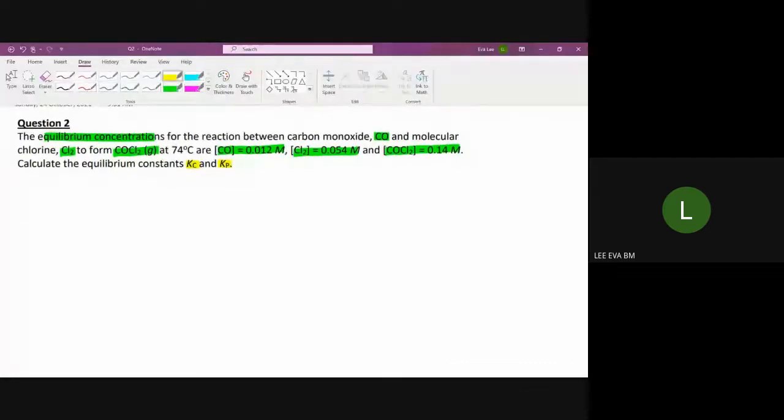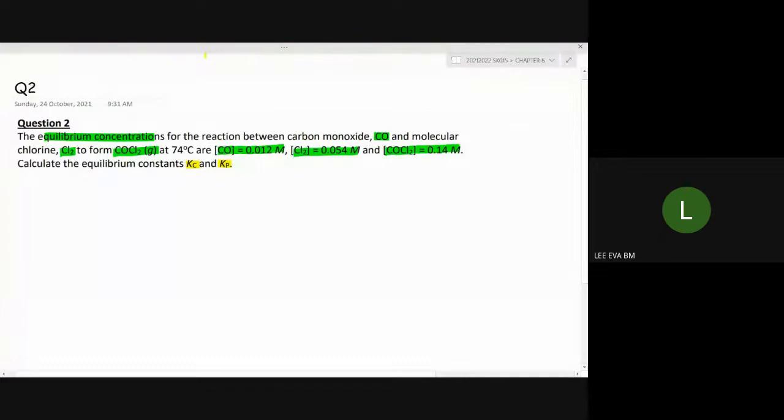So rasanya apa yang kita boleh kira dulu? Kc ke Kp? Kc, because concentration is given. But of course, in order to calculate Kc, you need to get the Kc expression. Tapi madam, macam mana nak dapat Kc expression?